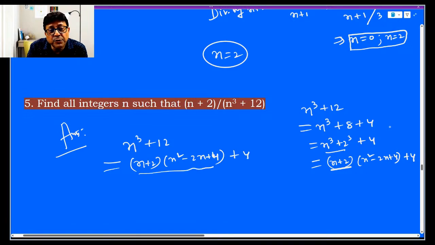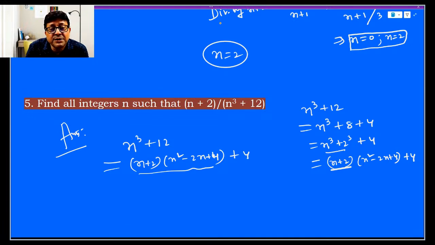So this part you don't have to think. This is always divisible by n plus 2, because n plus 2 is a factor over there.